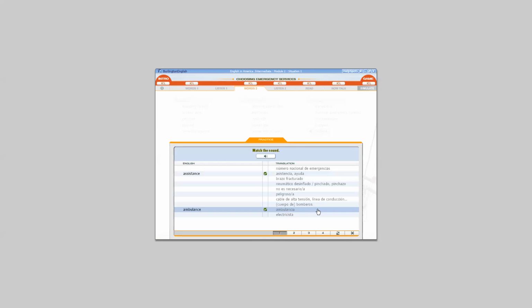Número nacional de emergencias. Dangerous. Peligroso. Oops. Sorry, I clicked the wrong one, guys. Flat tire. Neumático desinflado.